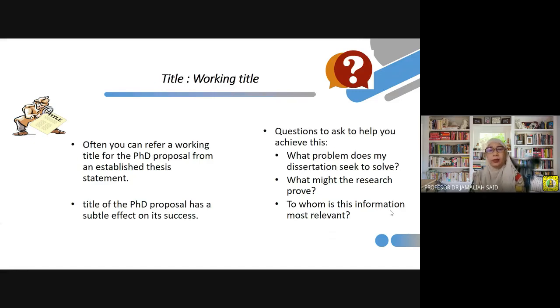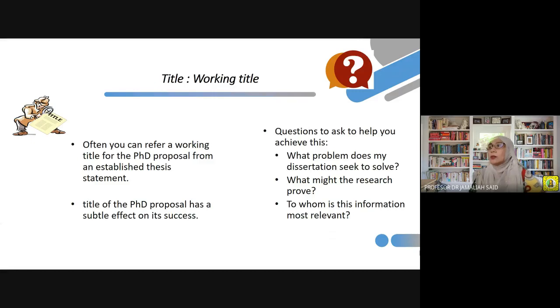From there, we know whether the students are very clear or not clear of what they plan to do. Because from the title, you know the whole thing. Sometimes the students are not able to finish the PhD because the title itself is not clear. So after this, I will show you some examples of titles that are clear.